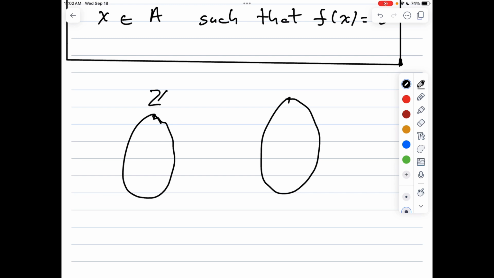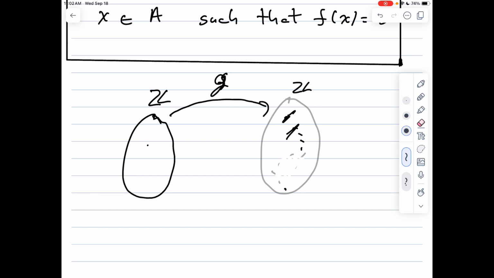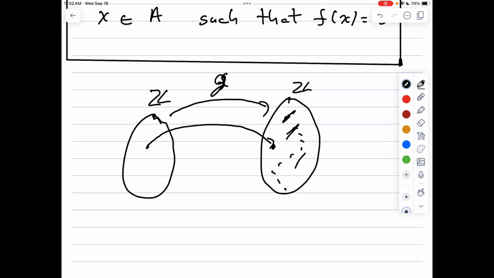This circle is Z and this other circle is Z. This is the domain, and this is the codomain, and your function g takes one element here and sends it over there. A function is onto if you pick anything over here in the codomain, it doesn't matter what it is, there exists an element in your domain for which the function takes that element and sends it to the one you picked in the codomain.